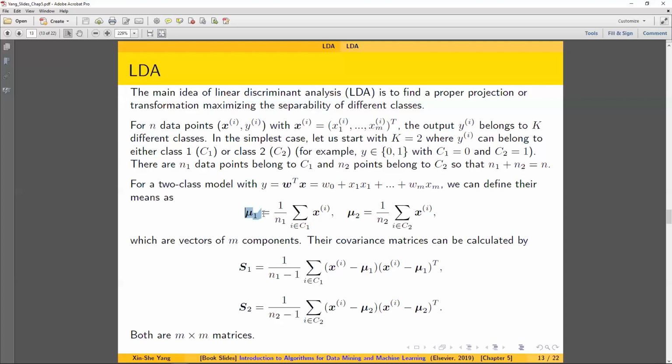mu1 being the mean of the variables. So here you can see, because we have xi, this i is the ith observation, right?